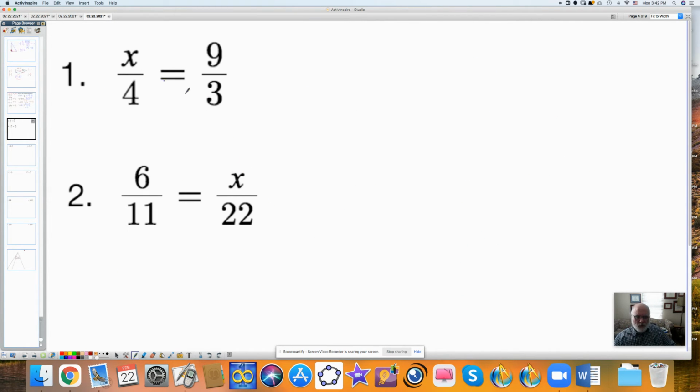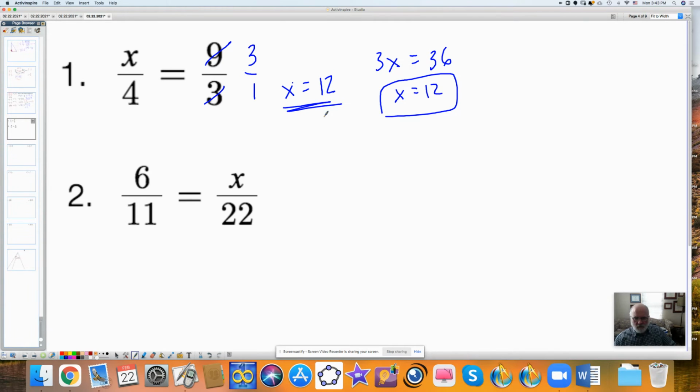I could apply the cross product property and get 3x is equal to 36, divide both sides by 3, x is equal to 12. I could also simplify this to begin with. This is 3 over 1. Now when I do the cross product property, I get x is equal to 12 directly. Here you could multiply this out and say 11x is equal to 6 times 22.